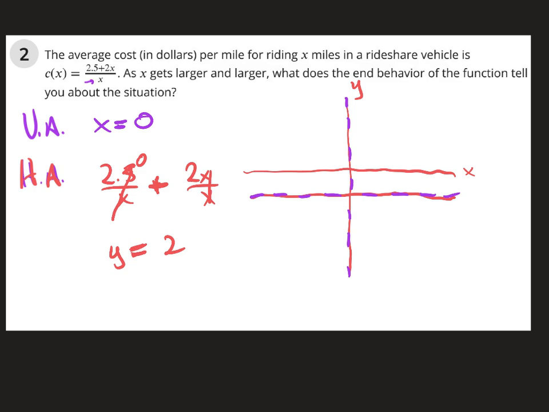That should be a dotted line. 2 is above. I'm sorry, I put the things in the wrong spot. 2 is above x, not negative 2, positive 2. So this gets erased, and this would be x, and this would be 2, y equals 2.